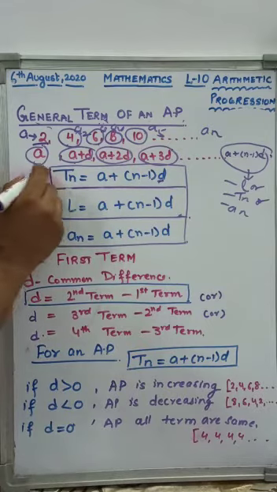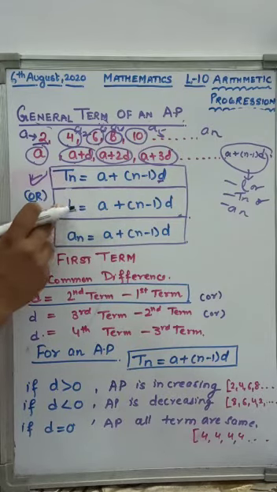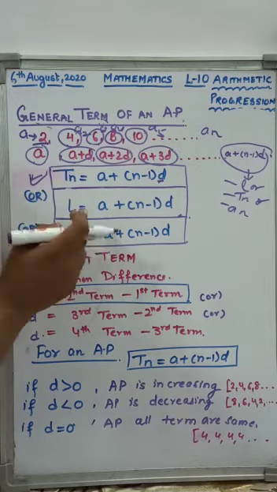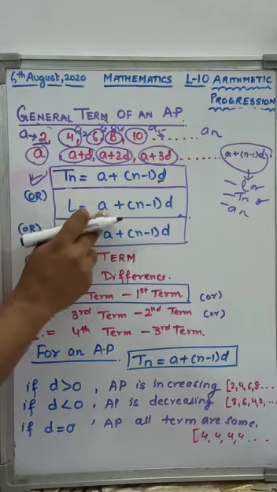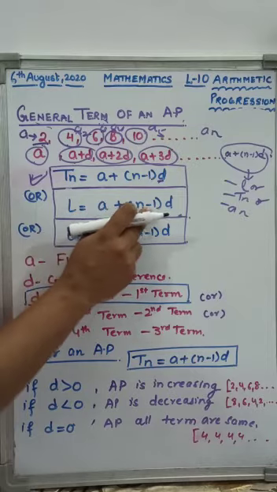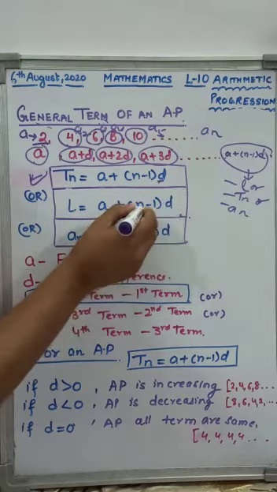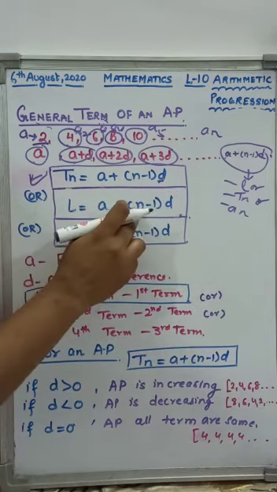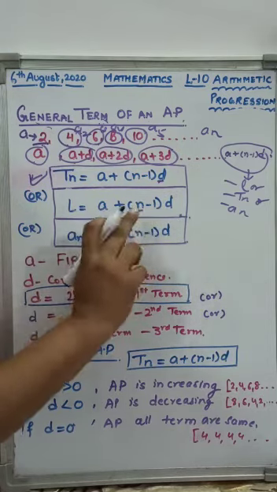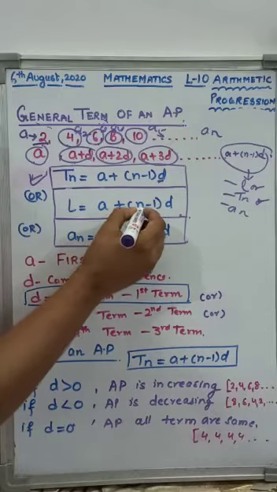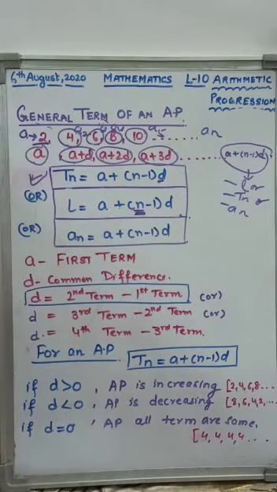So this is a formula to find out the Tn term. Or if you have to find the last term, means last number, then same formula, a first term plus n minus 1 multiplied with d, that is common difference. And n means which term, last term, ninth term, 10th term. You have to find, so you will put that value over here.